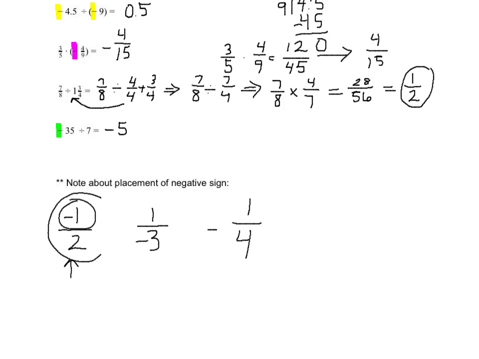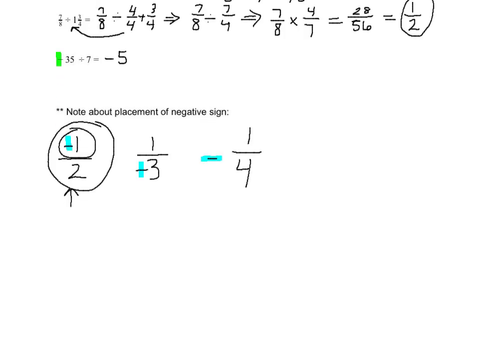It actually means that the entire fraction is negative. So the placement of a negative sign at a fraction really does not change anything about that fraction. No matter where it is, whether it's with our numerator, our denominator, or right outside, that just means that the entire fraction is going to be negative.